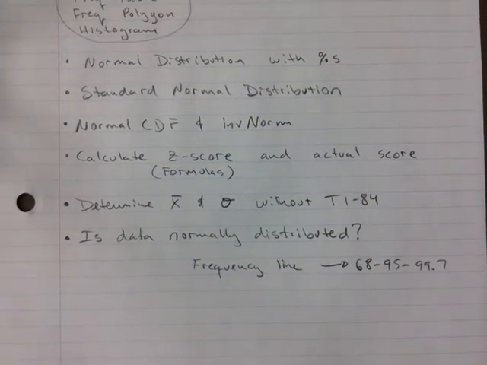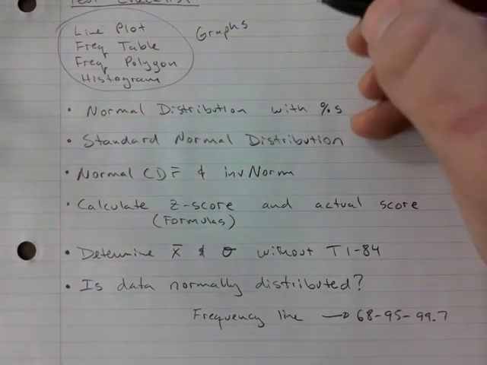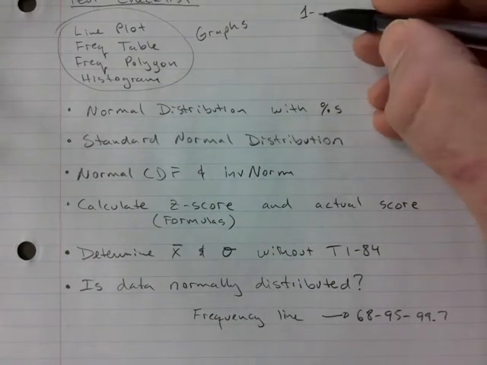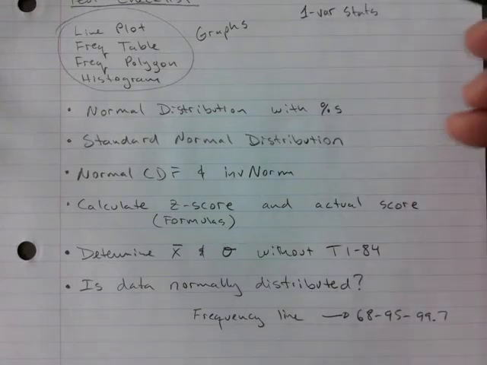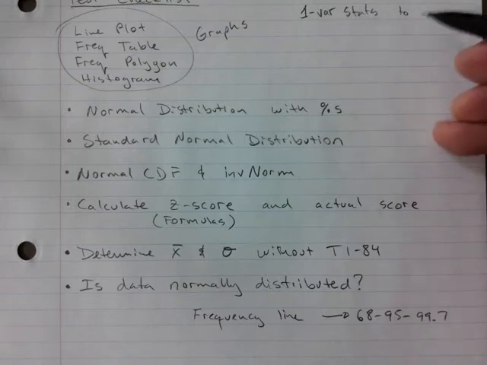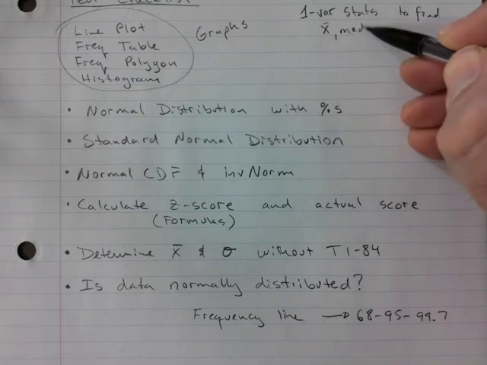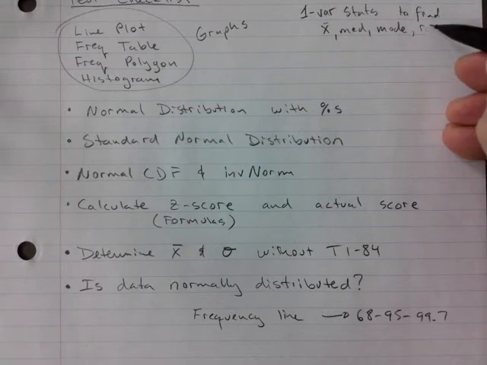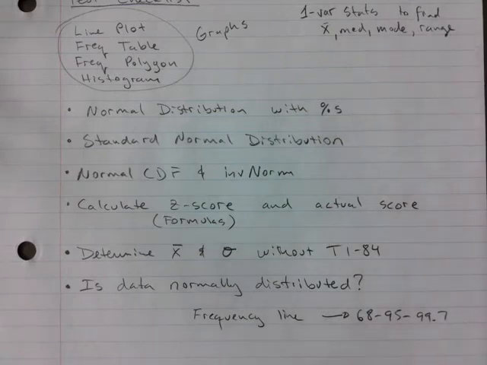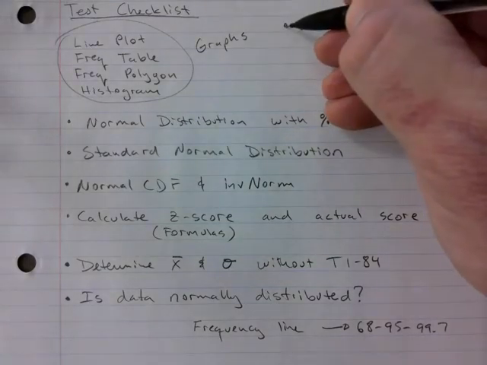And I'm going to go back up here a little bit, right there. And just remember, I guess it goes without saying, one variable stats, to find the mean, median, mode, and the range. We did that at the very beginning, right? I'll put a dot right next to it there.